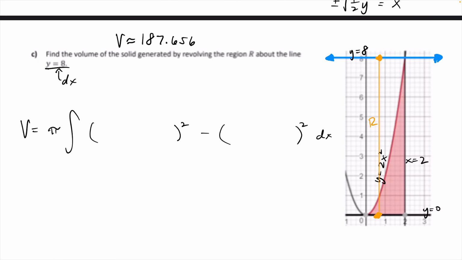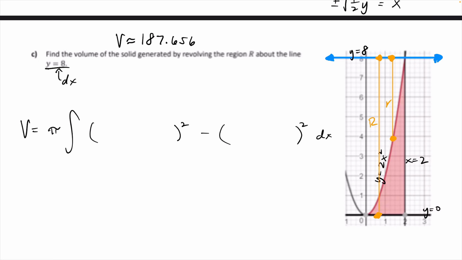Little r, you're going to start on the same blue line, except you're going to go down until I hit the shaded part, and then you're going to stop. Little r. Top to bottom, top dot to bottom dot.